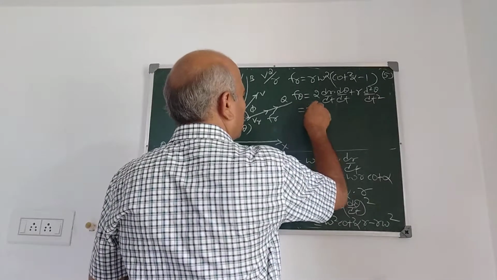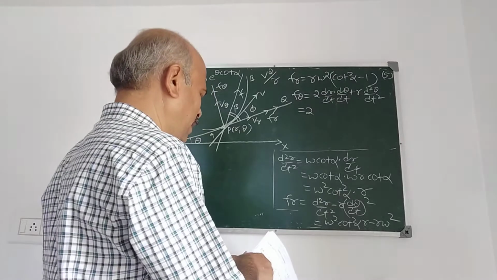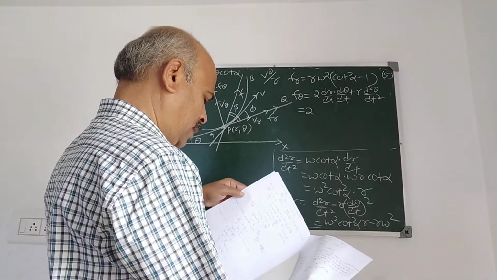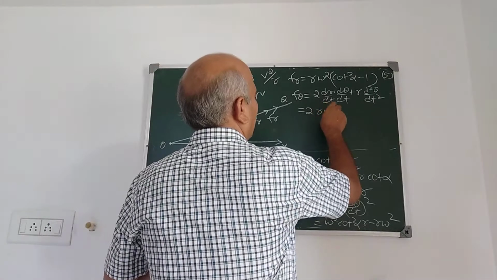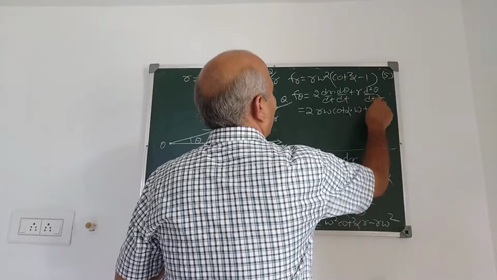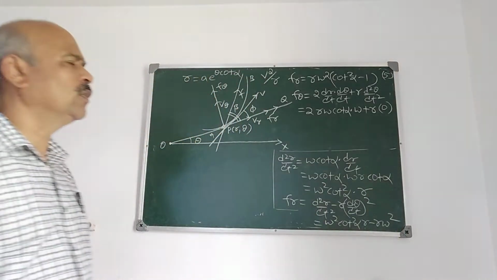F theta is 2 times dr by dt, which is r omega cot alpha, times d theta by dt, which is omega, plus r into d2 theta by dt square, which is 0.